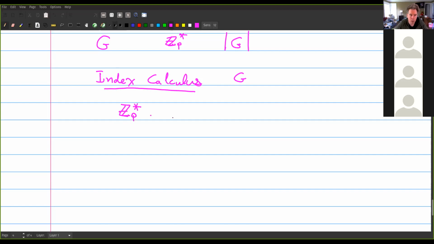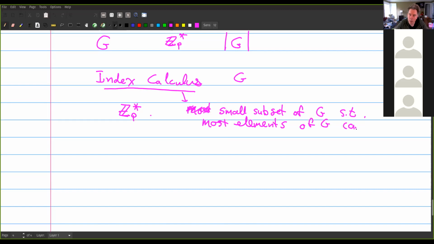The index calculus requires a small subset of G such that most elements of G, or many elements of G, can be expressed as products of elements in the subset.